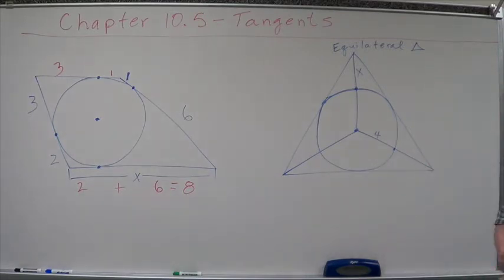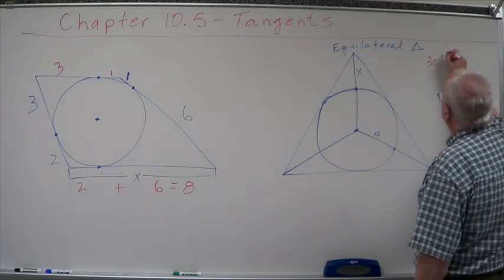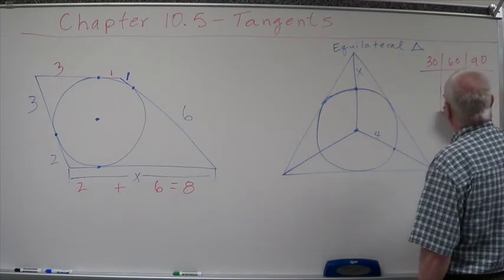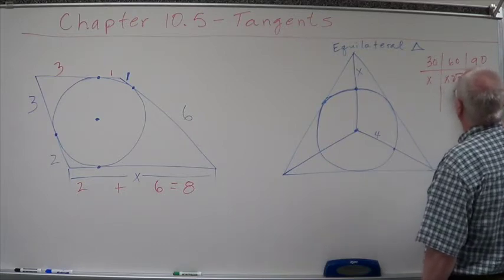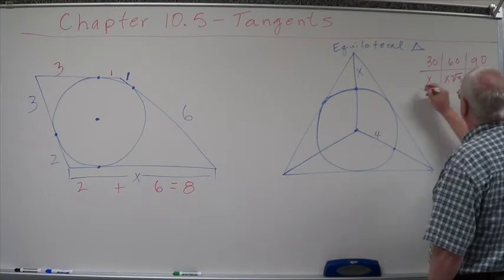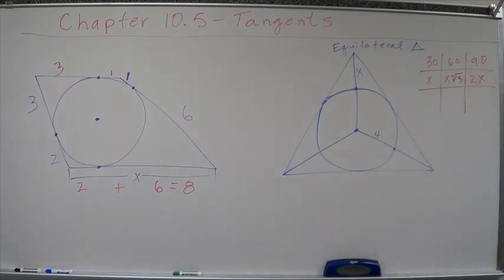Okay, it just automatically lends itself to 30, 60, 90 triangles. It lends itself to this nice little thing here, where we've got a 30, 60, 90 little table set up right here. We've got x square roots of 3, and what's the 90? It's 2x.